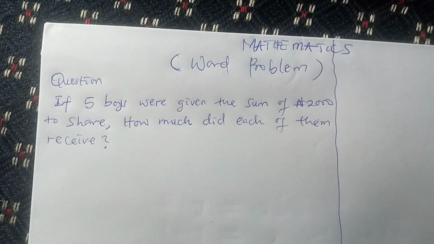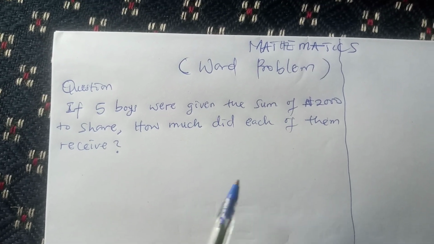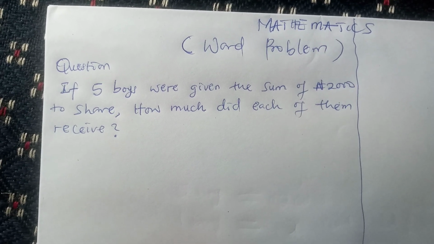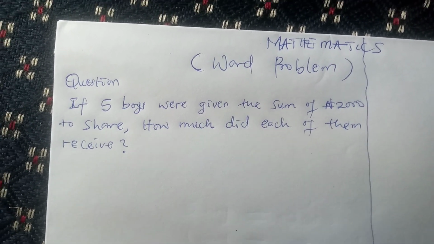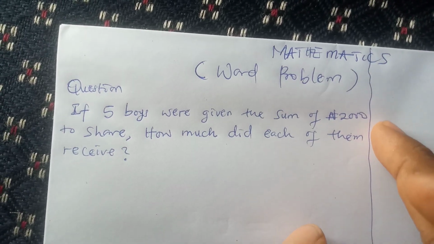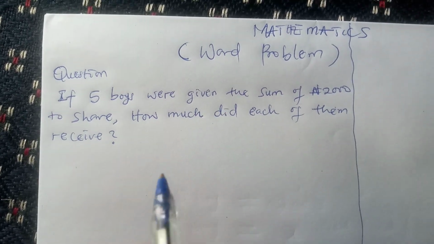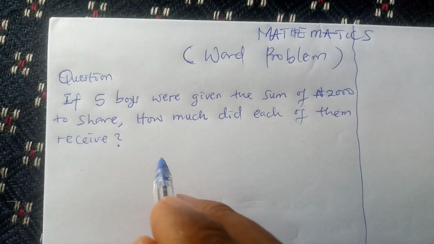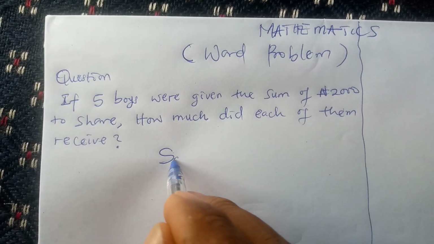Okay, to solve this question, it is expected that first of all, the student is able to understand what the question says. 5 boys were given 2,000 naira to share. How much did each of them receive? We'll go ahead and step by step solve this question. So, solution.